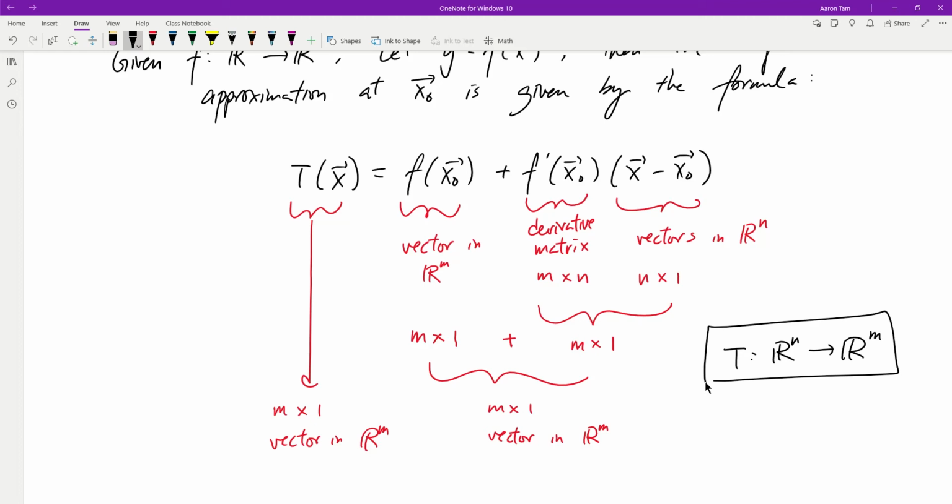Very important, because of this matrix multiplication, you have to list the vector in Rn vertically so they can form the correct dimension matrix to multiply with the derivative matrix. And because of that, you also have to list the vector in Rm vertically so they can actually combine with the result of this product, which has a specific dimension.